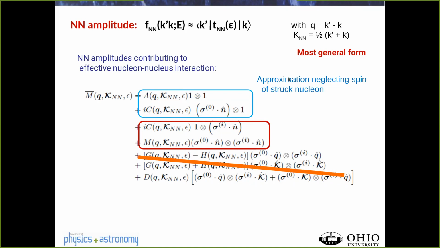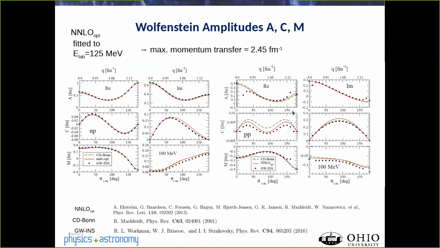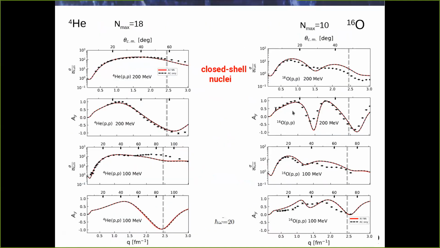This is the only thing you have if you neglect the spin of the struck nucleon. If you include it, you get 2 extra pieces. You also have to realize that we have to include these pieces for the neutron-proton interaction and for the proton-proton interaction. So what we are getting from the no-core shell model calculation is neutron distributions and proton distributions. So let's look at some answers.